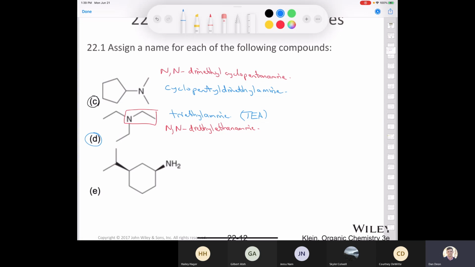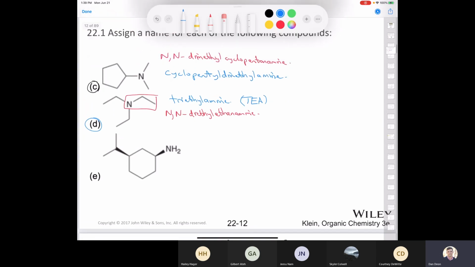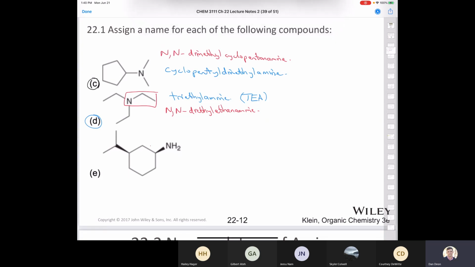And then the last one is trickier because we have two chiral centers. So we have one amino, three isopropyl. So we have a cyclohexane as our longest chain, which is this one here. So think about it.